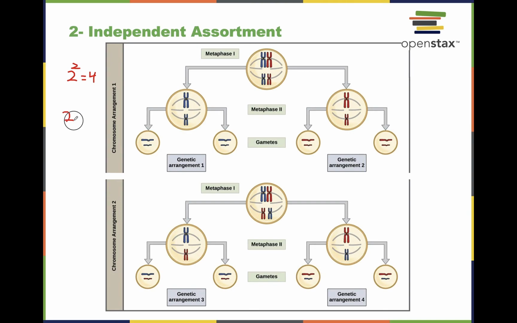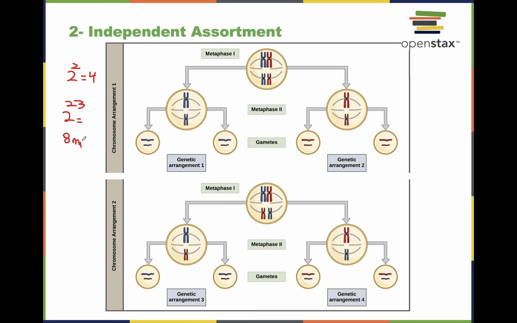But consider human beings. We have homologous pairs, but how many homologous pairs do we have? We have 23. 2 to the power of 23 is about 8 million, close to 8 million.